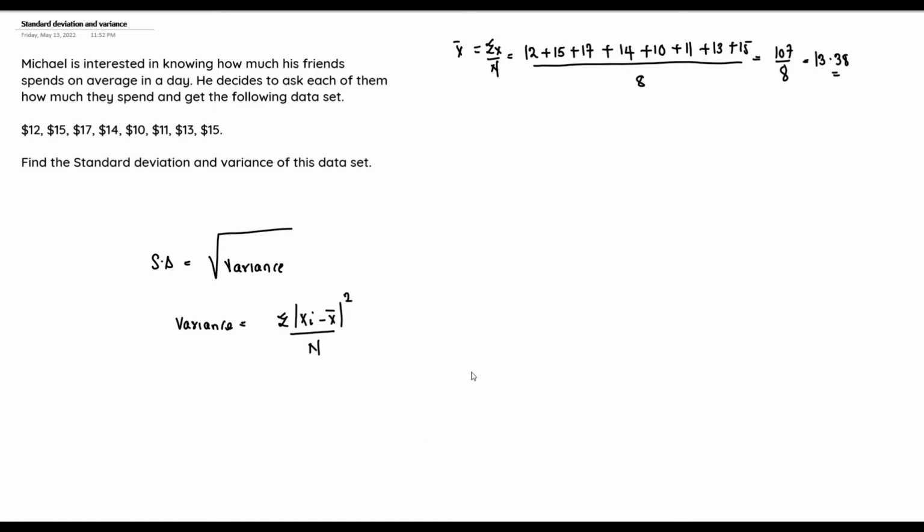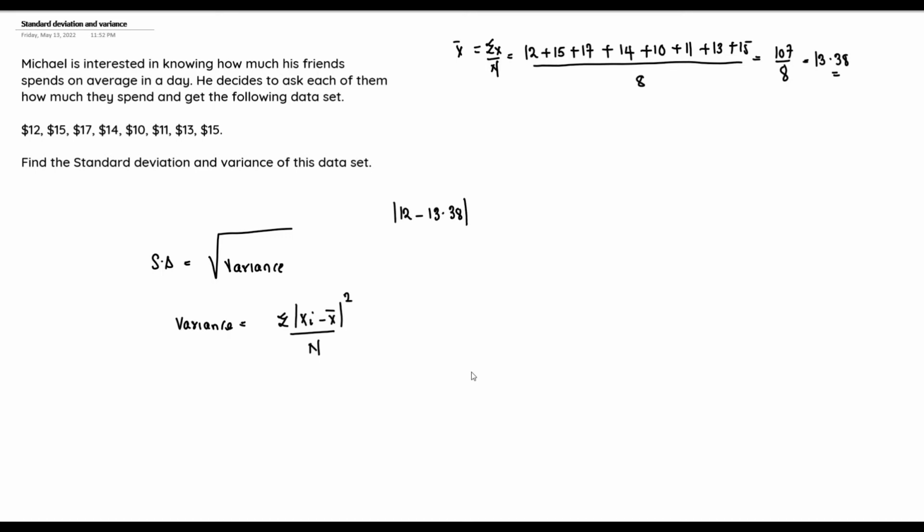So the next step is for us to subtract the mean value, which is 13.38, from individual variables in our data set, and get the modulus and also square the modulus. So we are going to be saying that this is going to be 12 minus 13.38. Then we have the modulus sign.